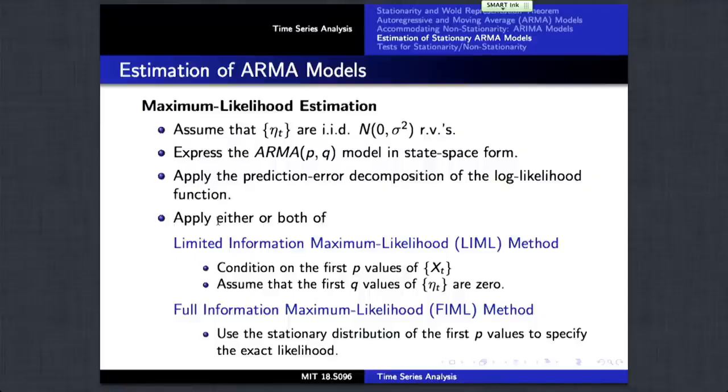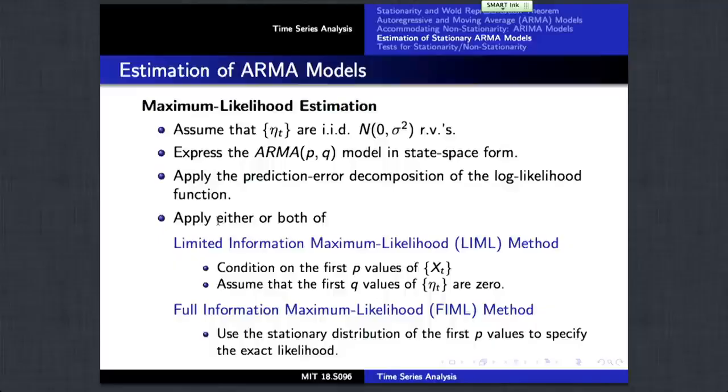But in specifying the parameters of these models, we can apply maximum likelihood, again, if we assume normality of these innovations a_t. And we can express the ARMA model in state space form, which results in a form for the likelihood function, which we'll see in a few lectures ahead.